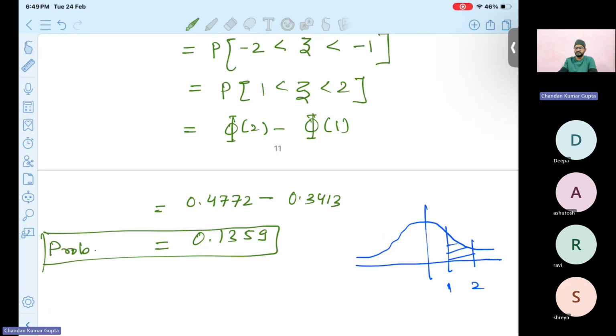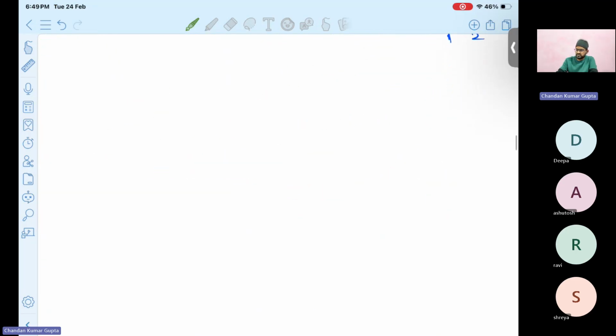Hope you have understood how to solve this. If anyone has any doubt, please ask. Okay, then let's solve the next question.